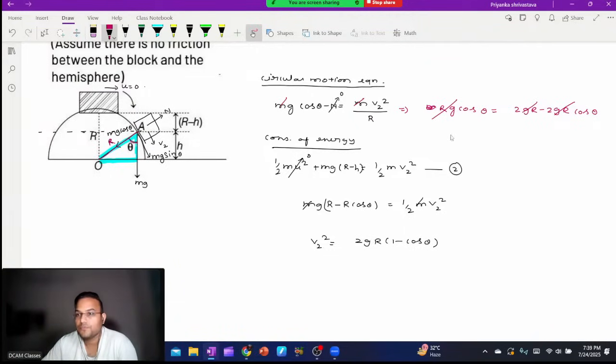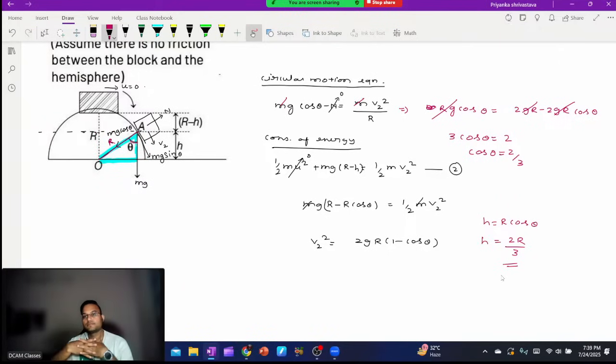So 3 cos theta is equal to 2, meaning I'm getting cos theta is equal to 2 by 3. What is h? H is equal to r cos theta we had. So h will be equal to 2r by 3. That is our answer.